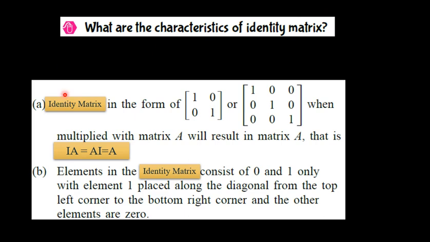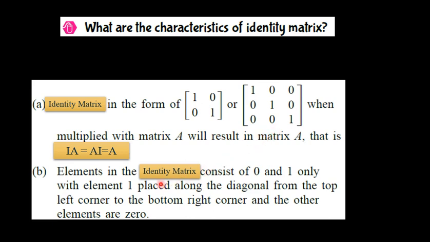Okay, now we can conclude that matrix identity in a form of this one, 1 0 0 1 or 1 0 0 0 1 0 0 0 1 when multiplied with matrix A will result in matrix A. Yeah, it's vice versa, you still can get A. Identity matrix you multiply with one matrix A, or matrix A you multiply with identity matrix, you'll still get A. And the elements in the identity matrix consist of only 0 and 1.